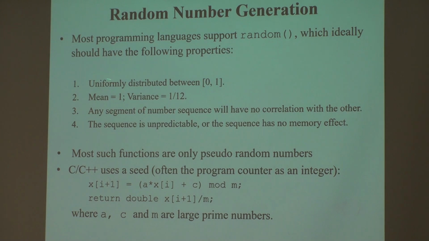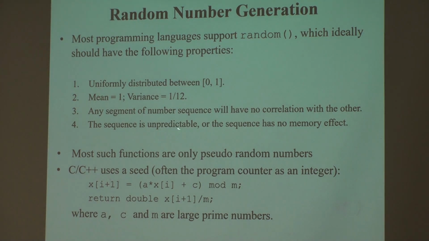If it's not between 0 and 1, it's between 0 and the max integer; just take the modulus and divide by the right bound, and you get a uniformly distributed random number. The mean is 0.5, the variance is 1 over 12. The mean is not 1, it is 0.5.